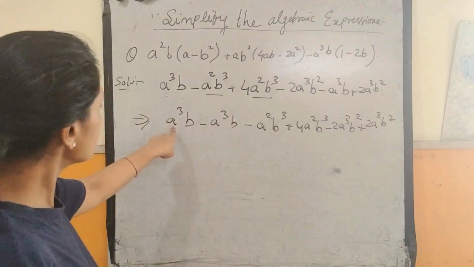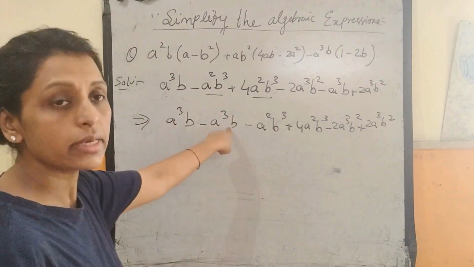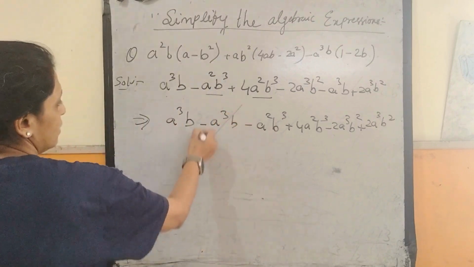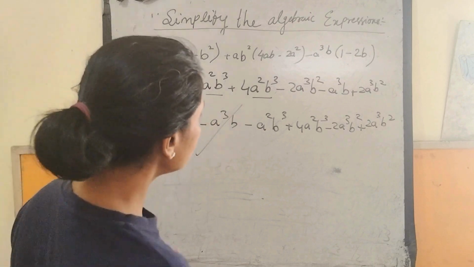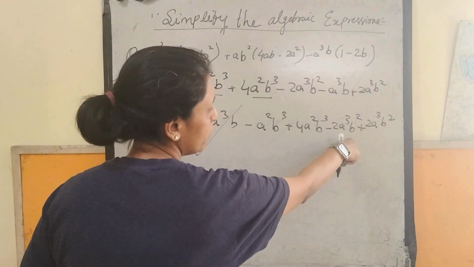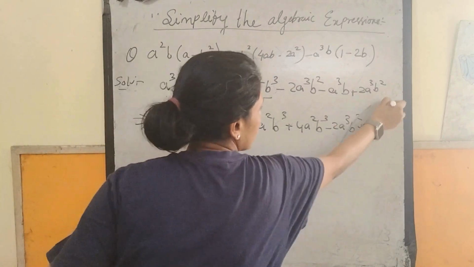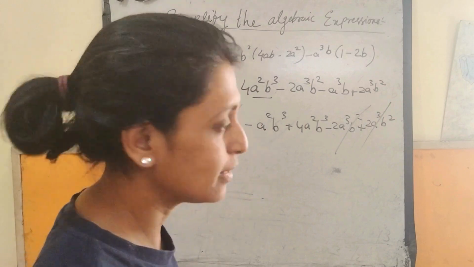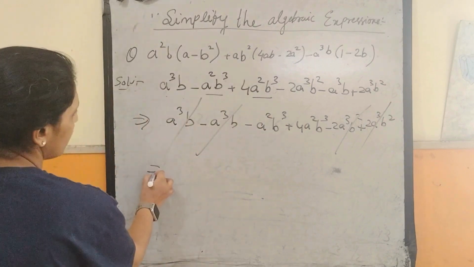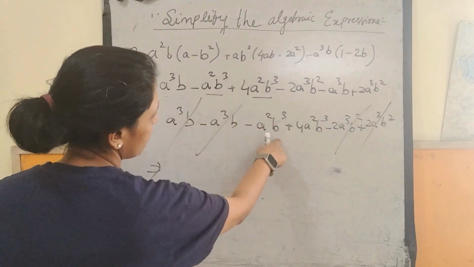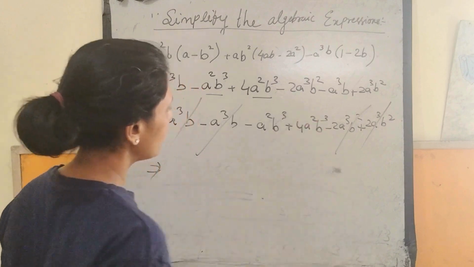Now plus a cube b minus a cube b will get cancelled. Similarly, minus 2a cube b square plus 2a cube b square will get cancelled. Now we are left with minus a square b cube plus 4a square b cube.